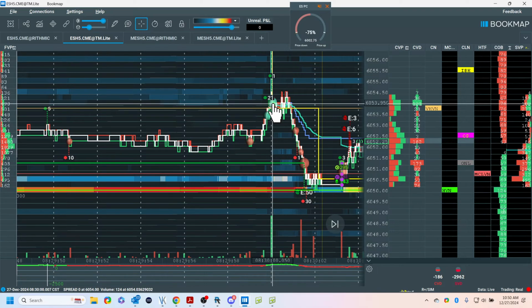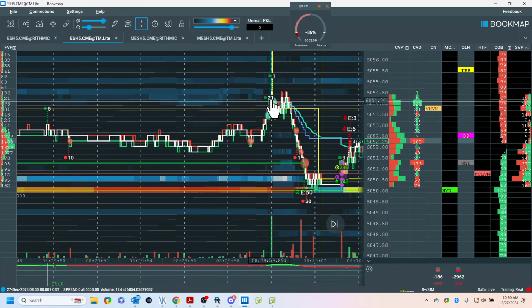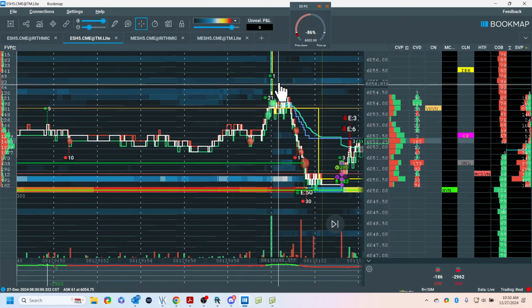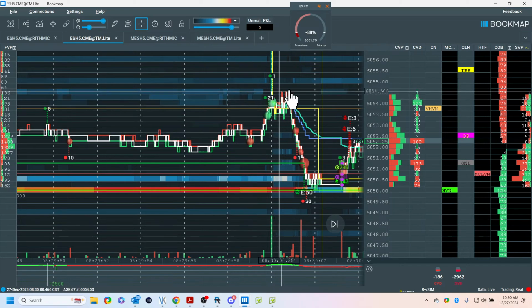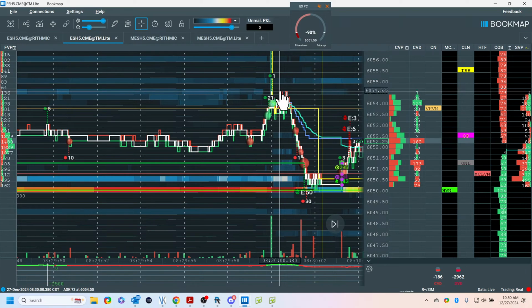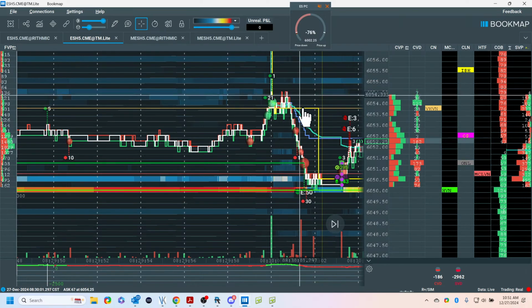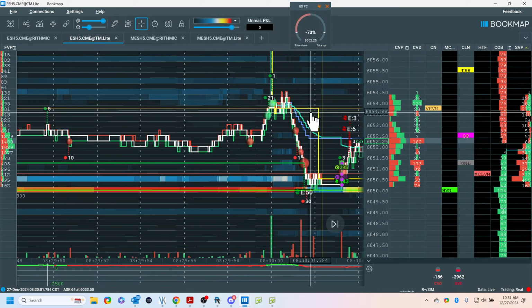What's the mix? Good luck with that. Except if we don't keep going, what does that tell us? It tells us there's shorts in here, buy stops. And why did it go down here? Because there's passive side. Remember, there's a limit order book too. And now the sellers take control. So now this price is too high.